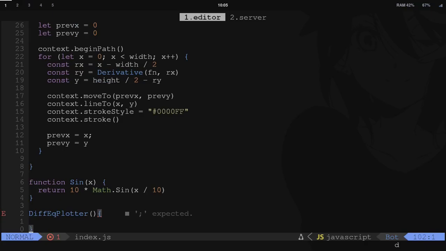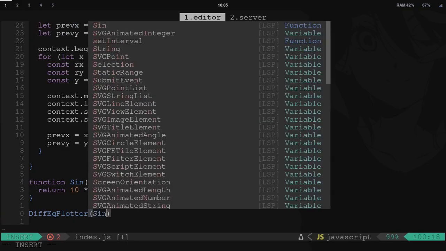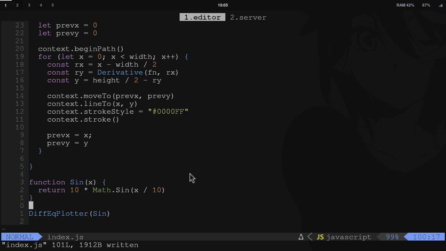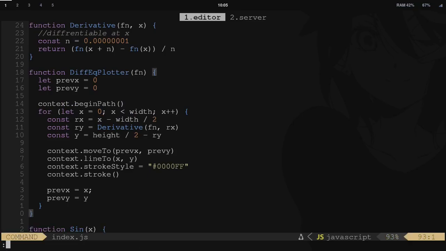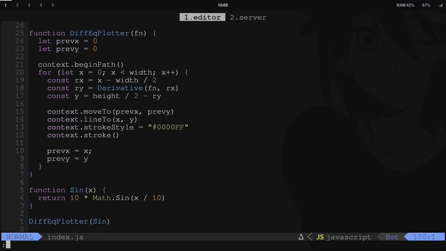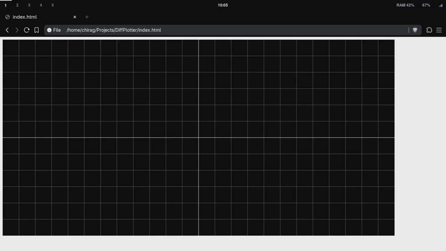Let us also pass in this thing, it should now draw actually. Okay, so diff equation plotter sine of x.